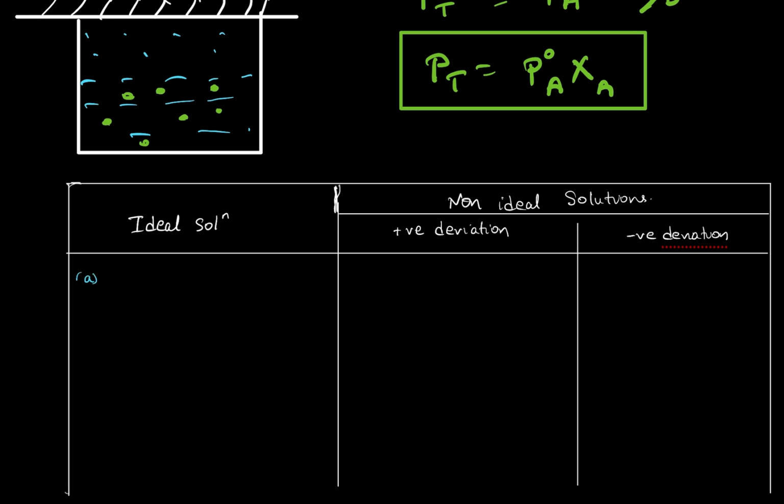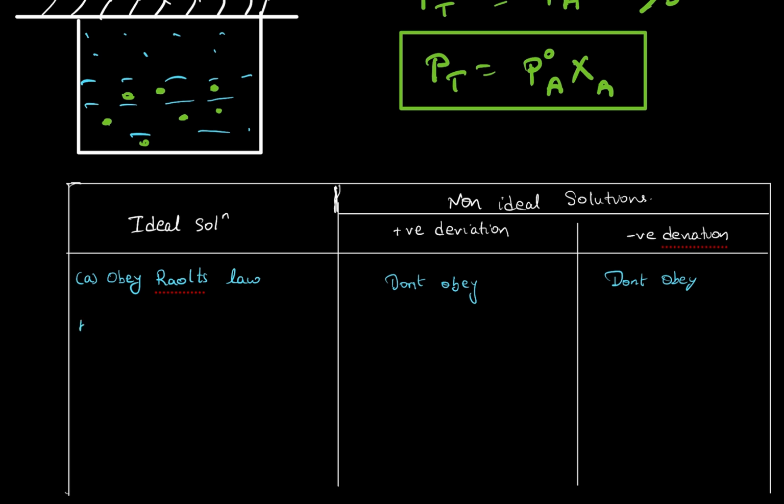Basically, ideal solutions, as I told you, are solutions which obey Raoult's law, and these don't obey Raoult's law.